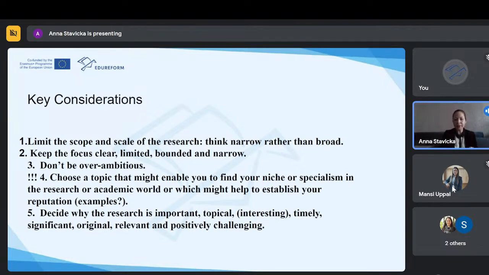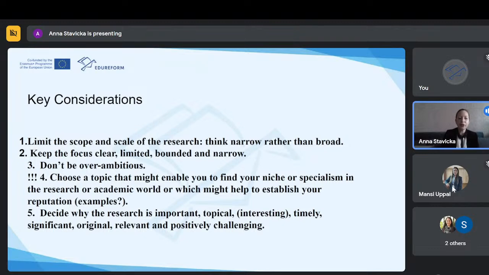Starting with this point, building your reputation and finding the research topic, the niche, will help you later on in establishing your place in the academic world.